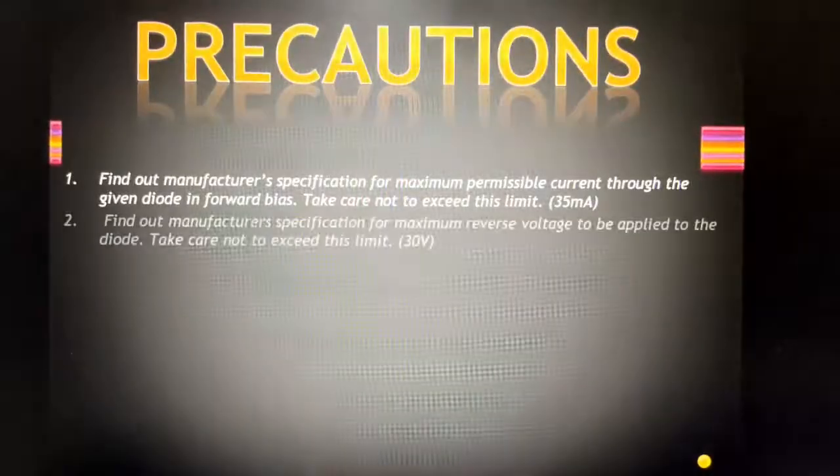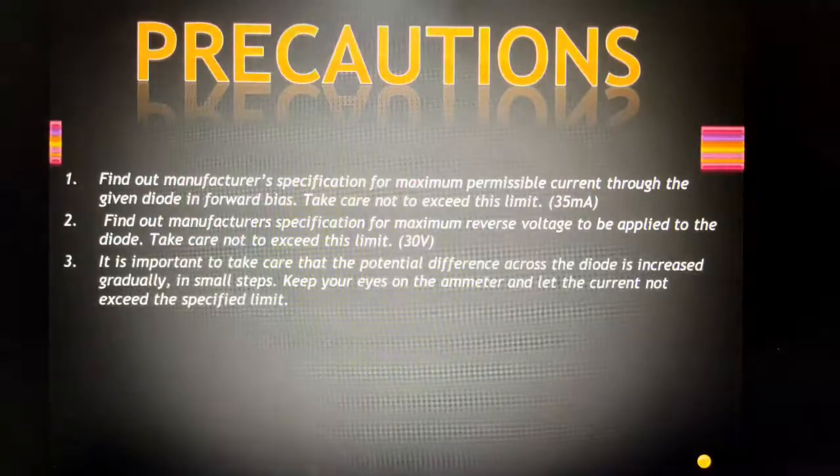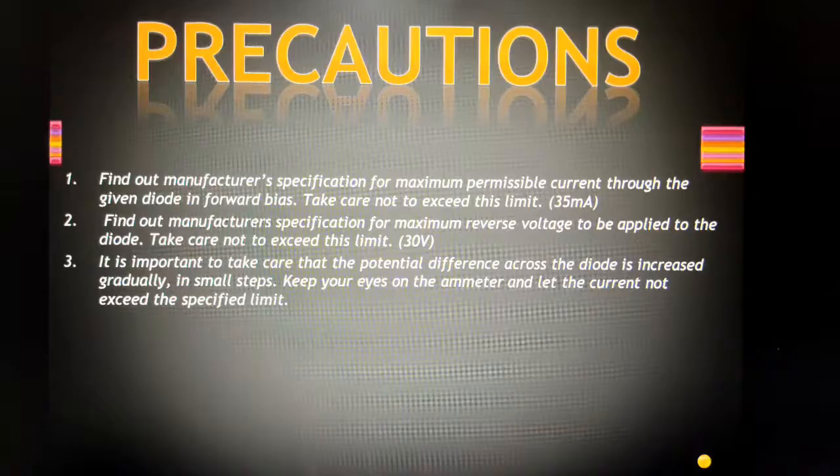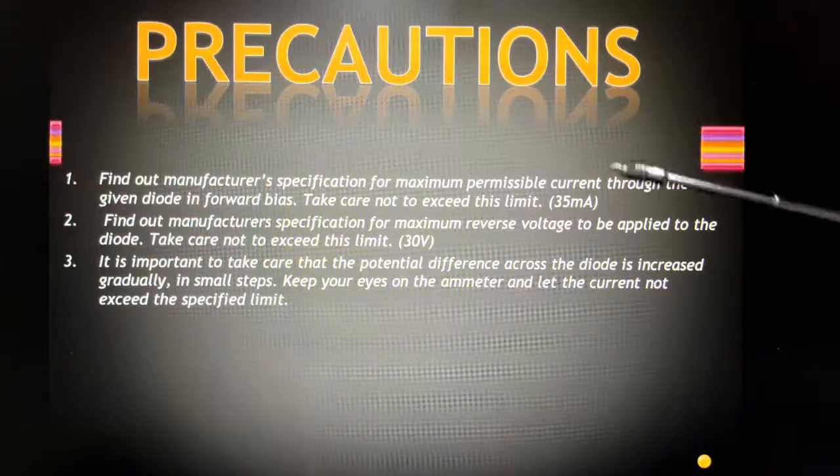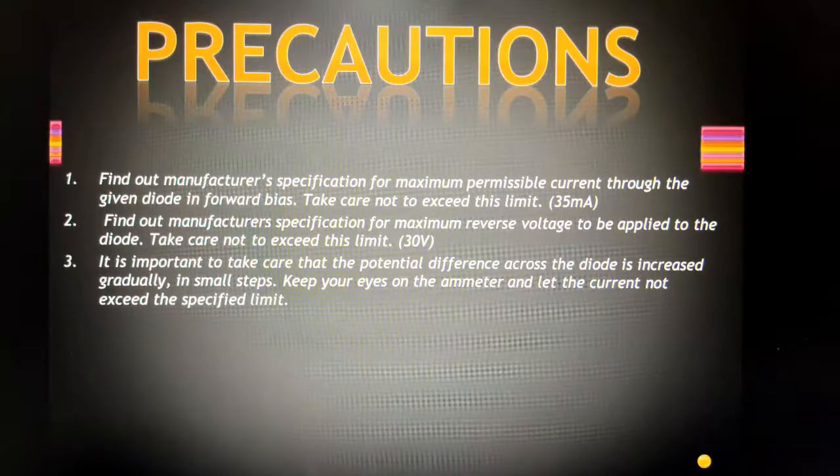Precautions. Find out the manufacturer's specification for maximum permissible current through the given diode in forward bias. Take care not to exceed this limit, and for this particular diode it is 35 milliamperes. Find out the manufacturer's specification for maximum reverse voltage to be applied to the diode.